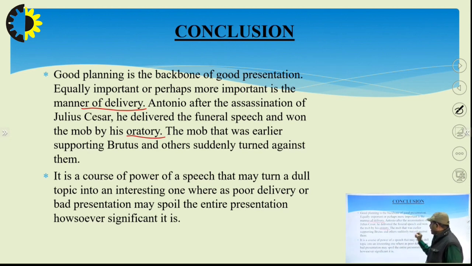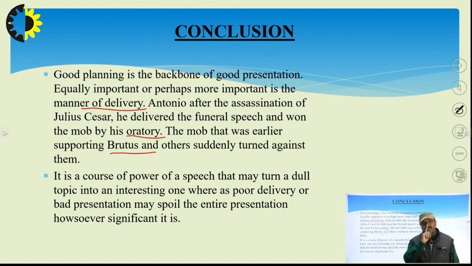The mob that was earlier supporting Brutus suddenly turned against them just because of his speech and the way he presented. It is the power of a speech that will turn a dull topic into an interesting one, whereas poor delivery or bad presentation may spoil the entire presentation, howsoever significant it is.